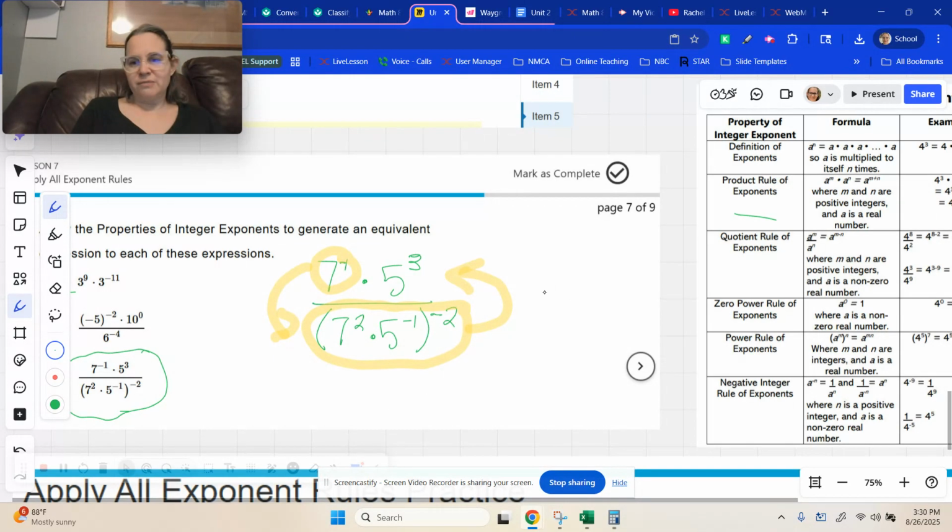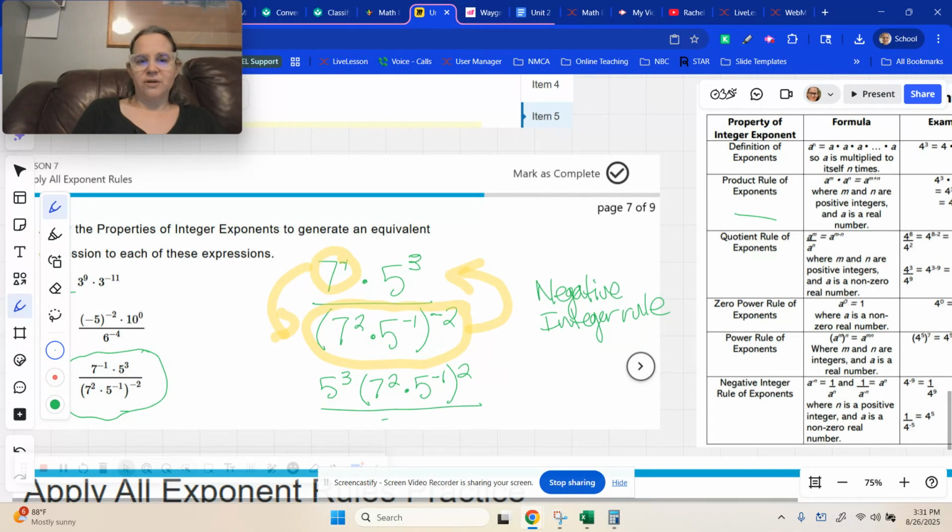If I do that move, this is because of the negative integer rule. Then I have 5 to the third in the numerator, and then parentheses 7 to the second times 5 to the negative first, to the positive second power. That's going to be over 7 to the first power.